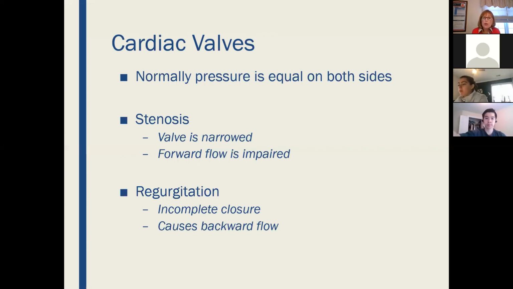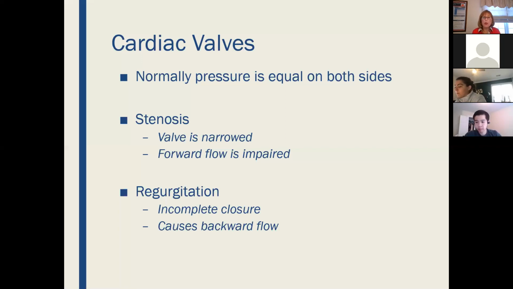Okay, when there's a stenotic valve, the valve is narrowed, and the forward flow of blood is impaired. So when you have a stenotic aortic valve, you have all the blood in your left ventricle, and your left ventricle pumps it, and it's trying to get through this tiny little hole and get out because it's so stenotic, it's closing up. That doesn't work well.